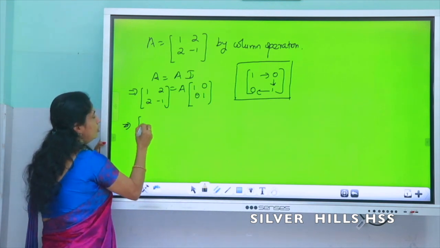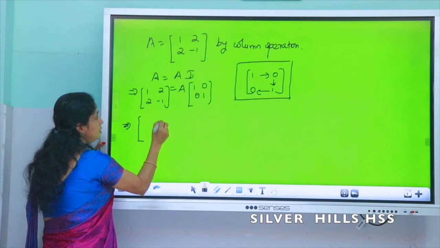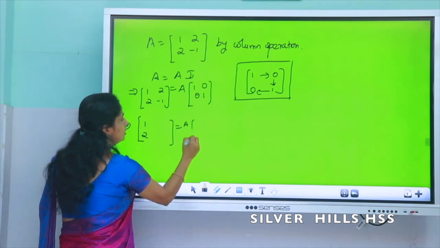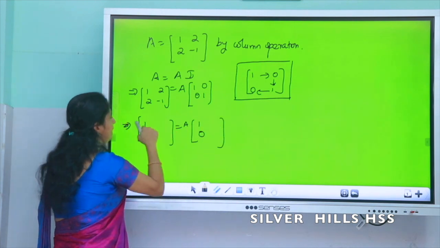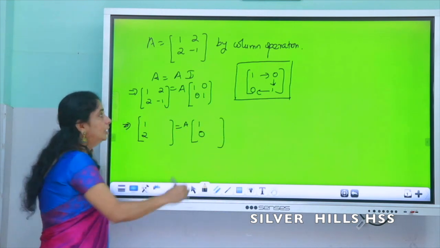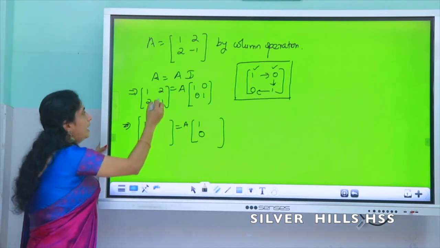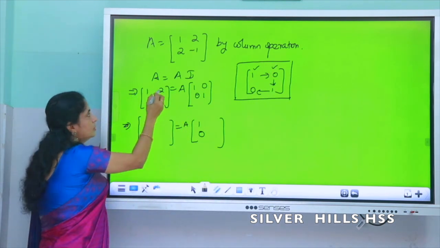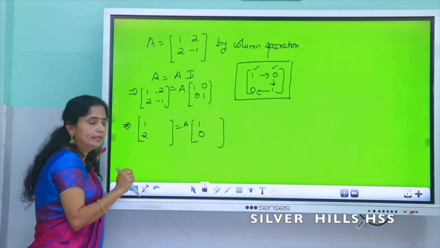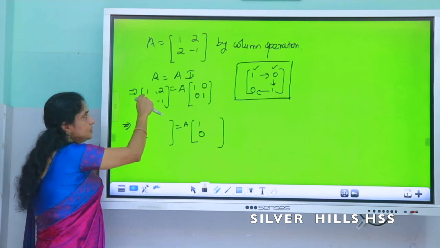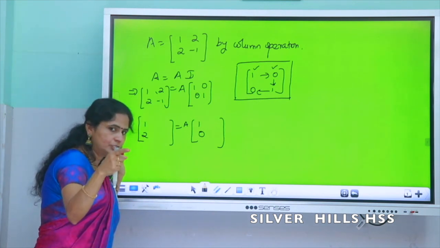So I am not going to make any change in the first column because 1 is already here. Now this is settled. Now I want to get this 0. I should make 2, 0. So compare it with this element 1. 2 minus 2 will be 0. That is, this 1 should be multiplied by 2.